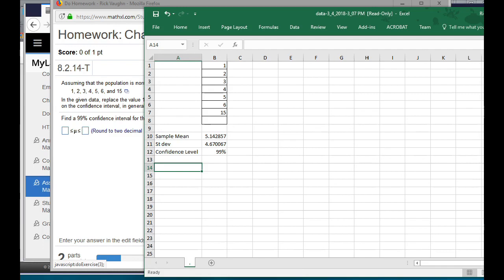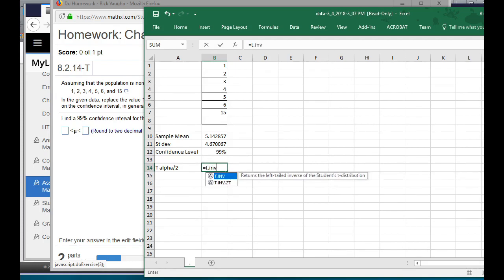So I need to compute this t alpha divided by 2. This is going to be the value that I use in the confidence interval formula times the standard error, which gives me the margin of error, and then plus or minus that from the sample mean. So I'm going to do pretty much the same thing that I did for the normal distribution, which is T.INV, the inverse t distribution.